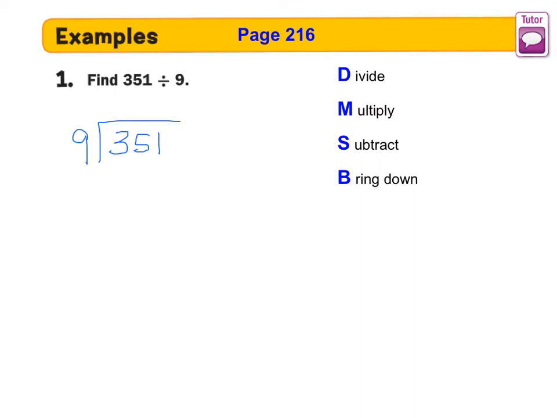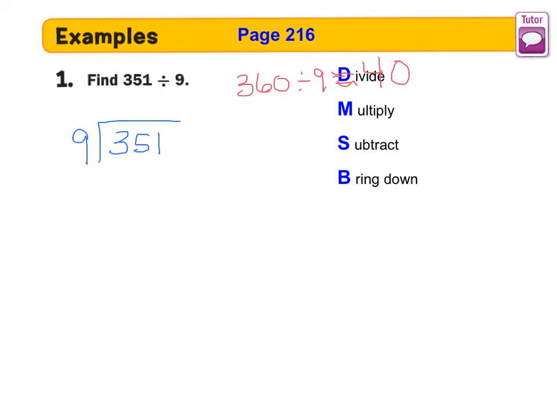My goal is to find out how many times 9 goes into 351. We could estimate that first, and say, let's say it was 360. 360 divided by 9, well, 36 divided by 9 is 4, so it's going to be about 40. That's a good estimate for us to go through.